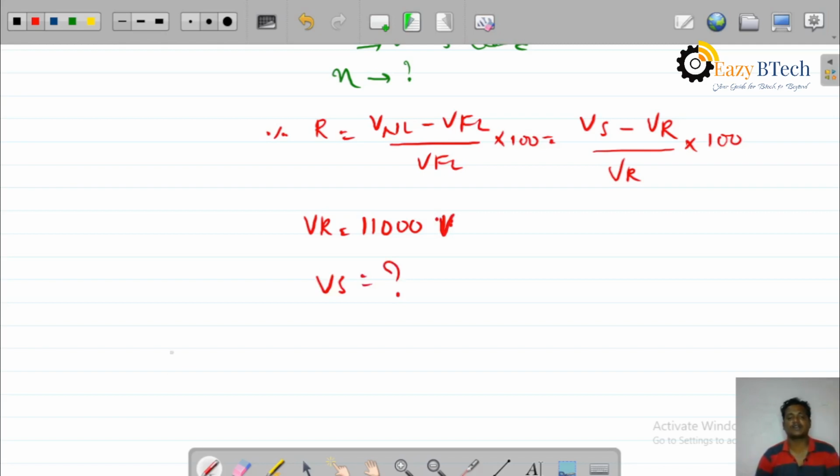For calculating Vs, in the first case I am taking cos phi r equals 0.75 lagging.